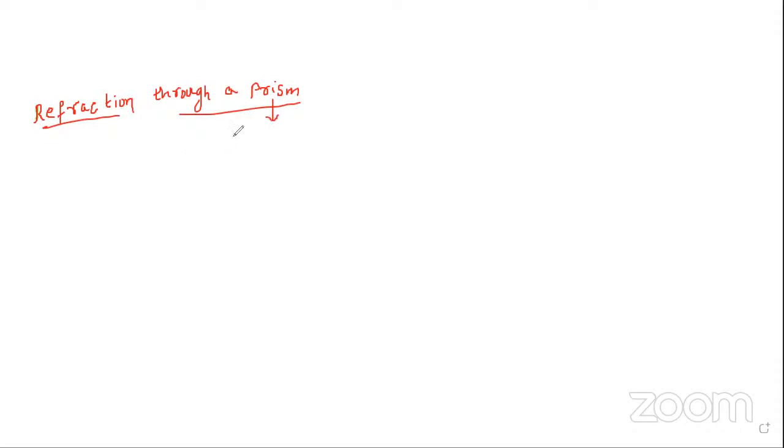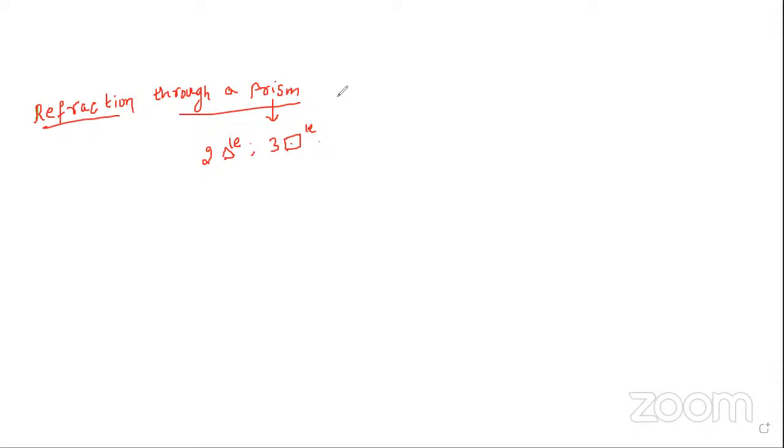Sir, it's an optical medium bounded by 2 triangular faces and 3 rectangular faces. So a prism is an optical medium bounded by 2 triangle and 3 rectangular faces.